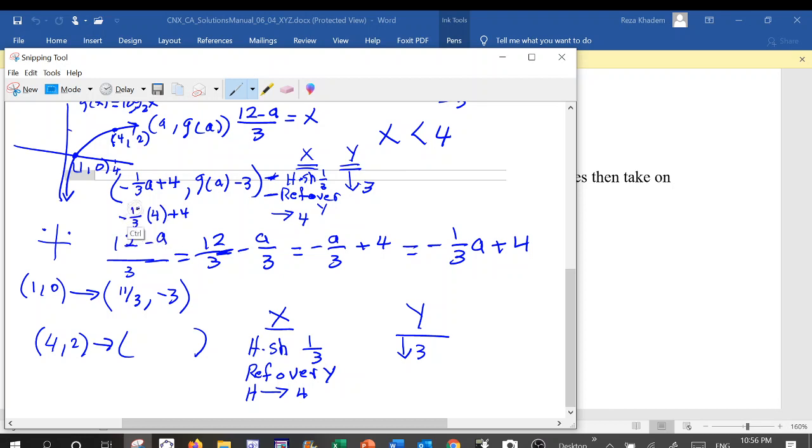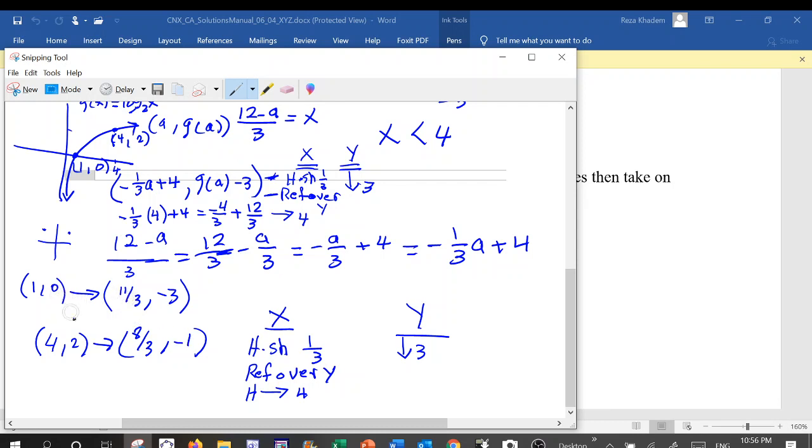So that would be negative 4/3, again, plus what? Plus 12 over 3. And that's what? That's 8 over 3, right? So that's 8 over 3. And then 2 goes to where? Well, 2 minus 3 is negative 1, right?